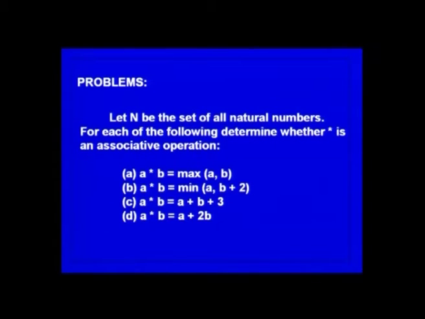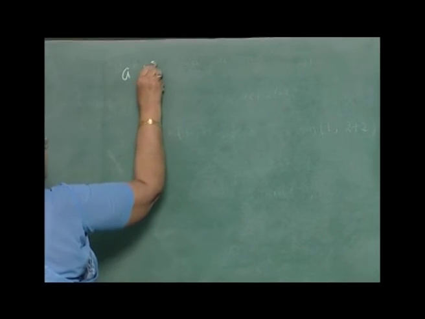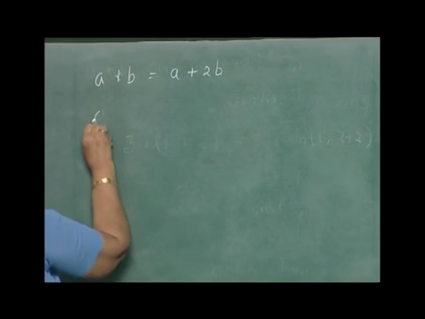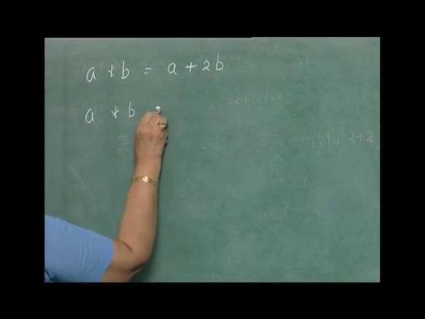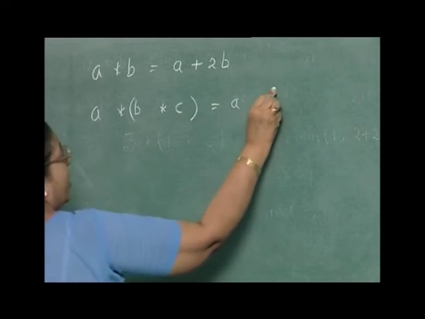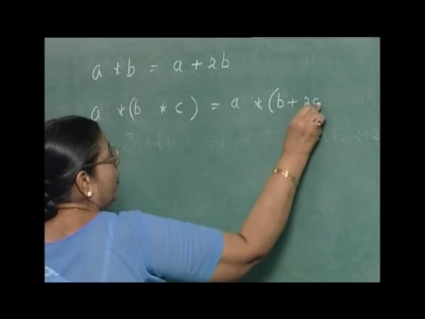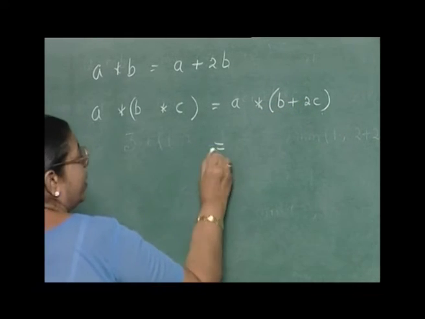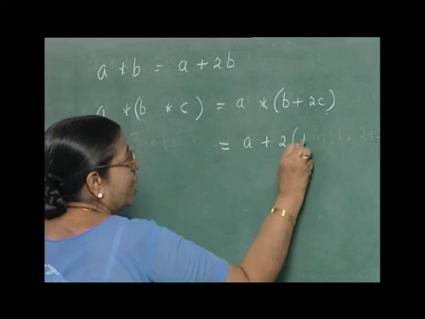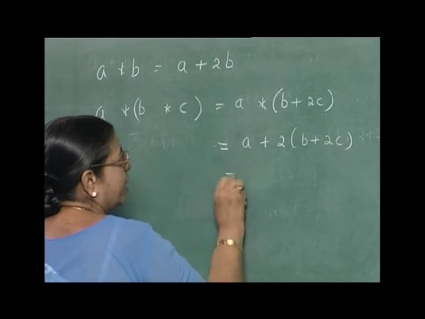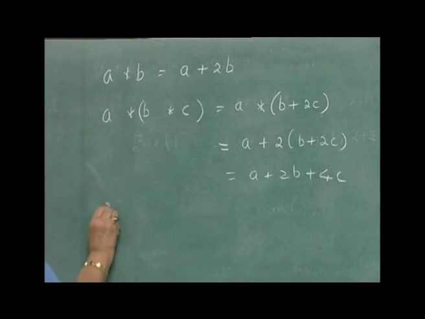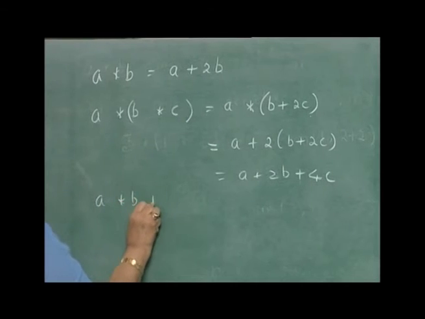Take the fourth one. A star B is defined as A plus 2B. So, what is (A star B) star C? That will be (A star B) plus 2C, and that will be equal to A plus 2B plus 2C. Now, what can you say about A star (B star C)? That is A plus 2 times (B plus 2C), that will be A plus 2B plus 4C.